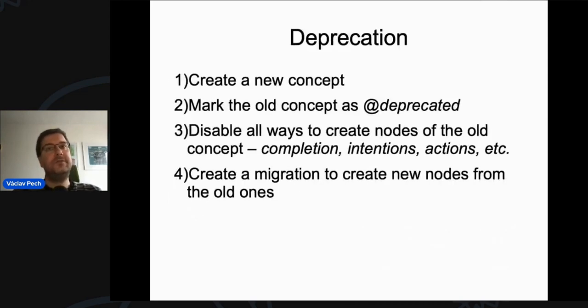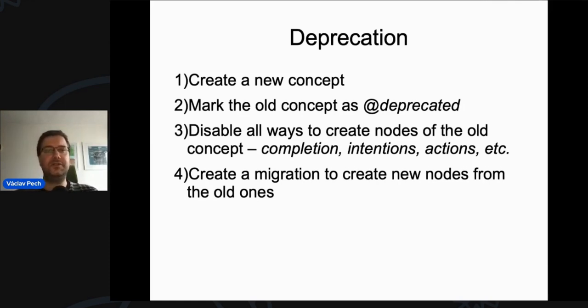And if you want to remove things, well, you should perhaps adopt the deprecation sort of idea. So you want, for example, to replace a concept with some new concept. So you introduce that new concept in your version 2 of your language. You mark the old one as deprecated, so that people know it's deprecated. And then you also disable all the ways the old concept could be instantiated.